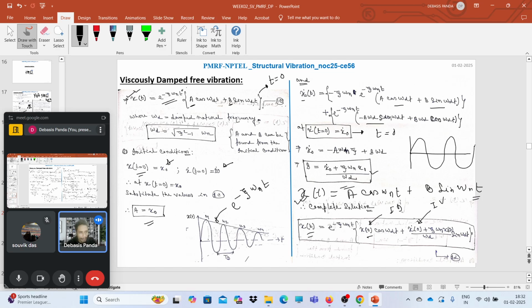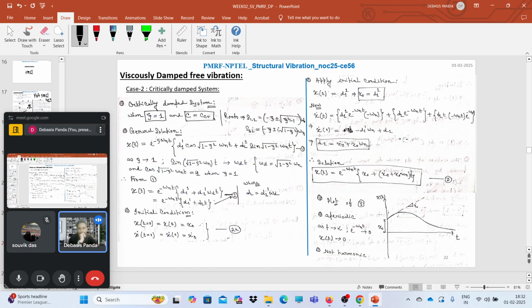It will vibrate at the same amplitude over time. So this is the general solution for the viscously damped free vibration case for displacement. If you differentiate it with respect to t once, you will get the velocity response, and if you differentiate it twice, you will get the acceleration response of this system.